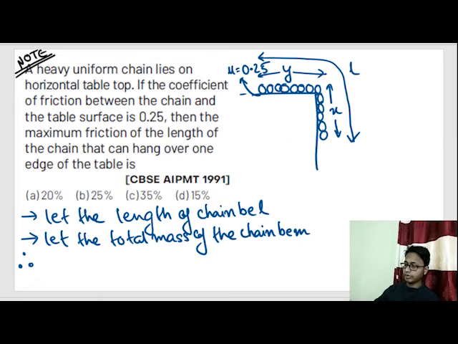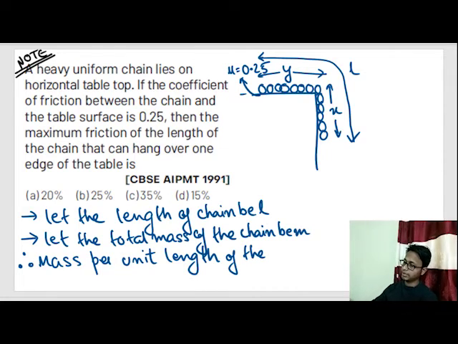Okay. So mass per unit length of the chain is given by, suppose say, rho. But how do we find out rho? Mass per unit length is equal to total mass divided by total length.